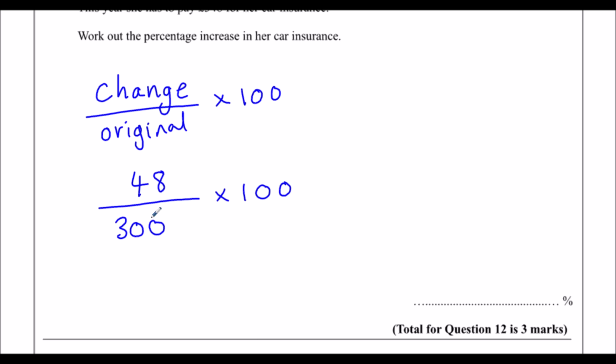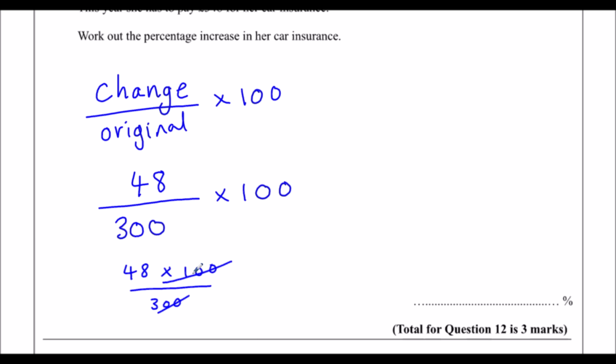So how can we simplify this? If we're dividing by 300 and then timesing by 100, we can cancel this. So 48 times 100 over 300, divide top and bottom by 100.